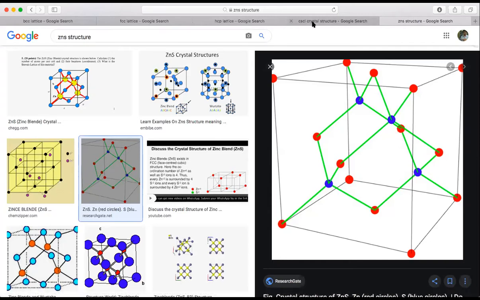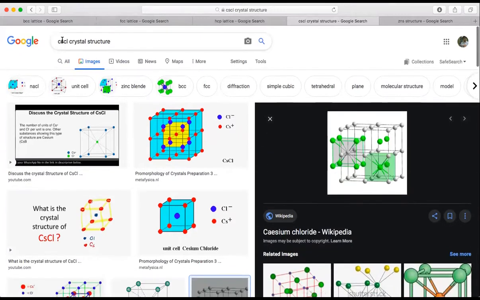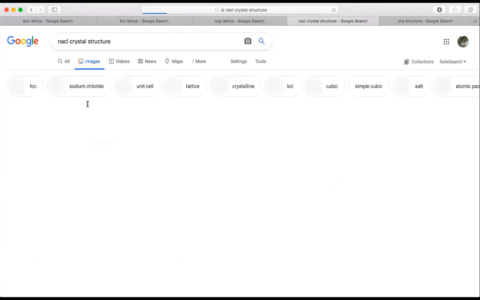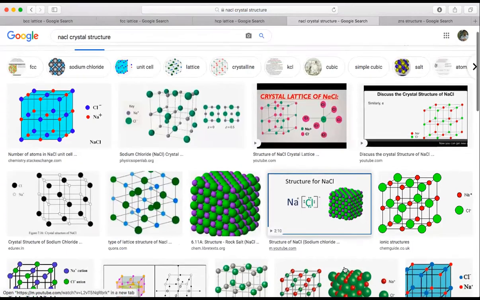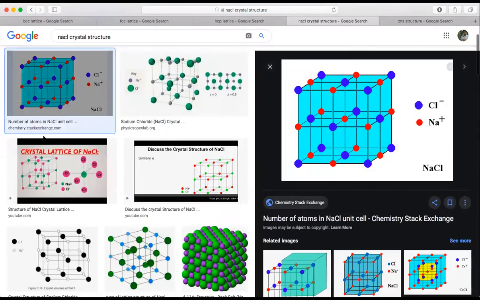Another very common type of crystal structure that you encounter for compounds is what is called the NaCl structure. Let's see if I have it. Yes.